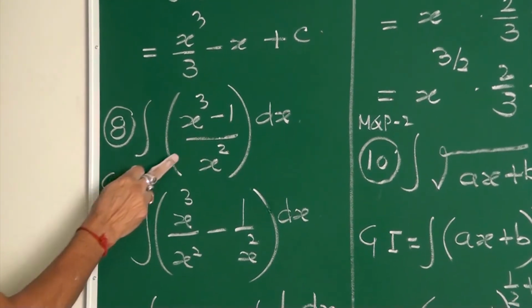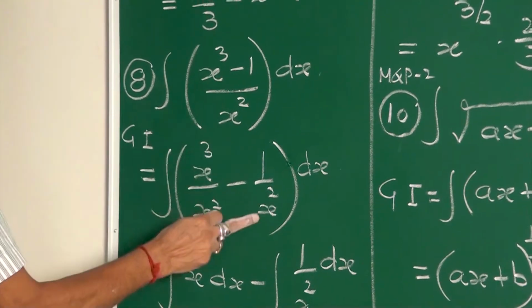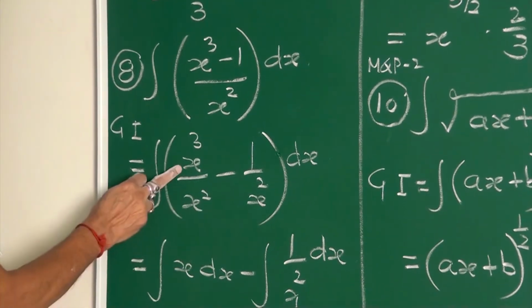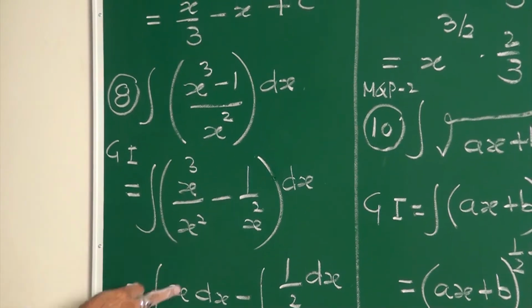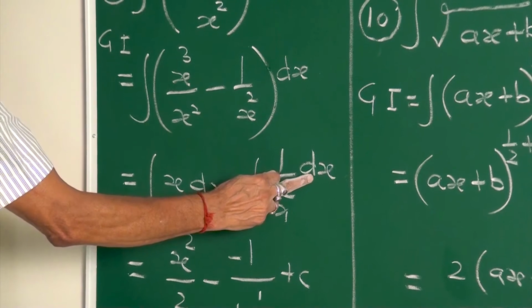Given integral, simplify it first: x cubed upon x square minus 1 upon x square. x cubed upon x square is x. It is the integral of x minus the integral of 1 upon x square dx.